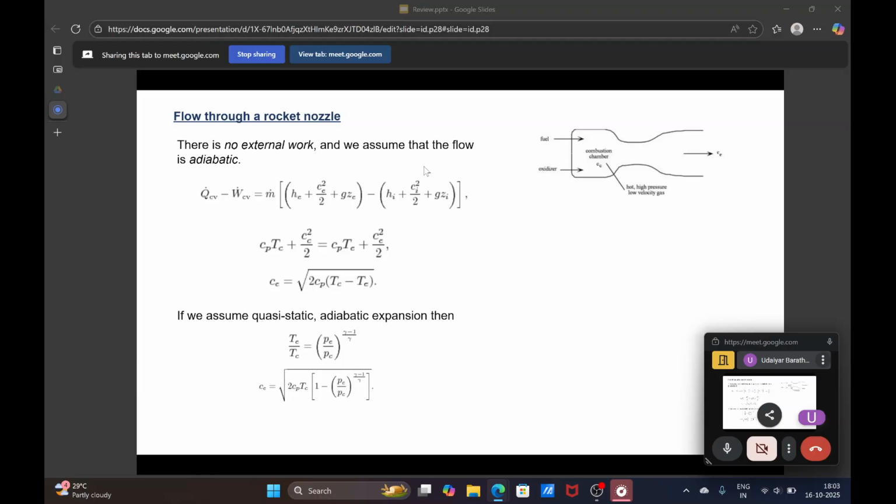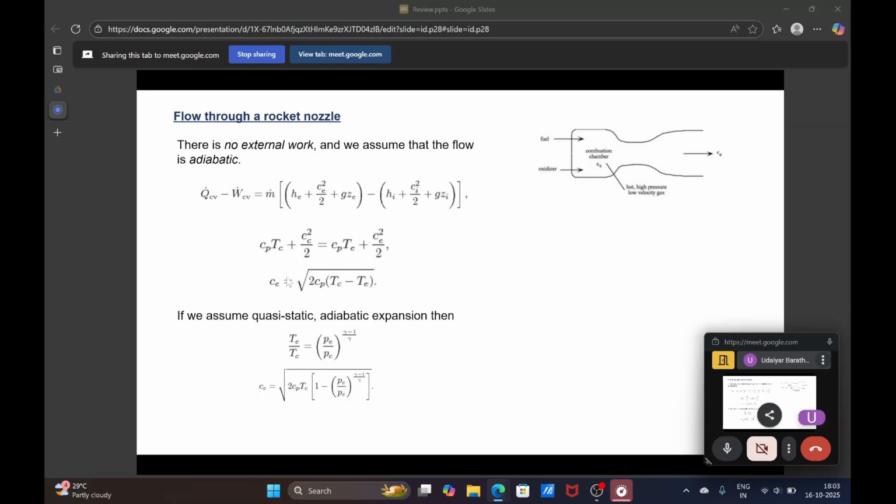And then the rocket nozzle. In the nozzle, if you assume it is insulated and there is no Q and W, these terms become 0. The enthalpy plus the kinetic and potential energy at the inlet is equal to the enthalpy plus kinetic and potential energy at the outlet.